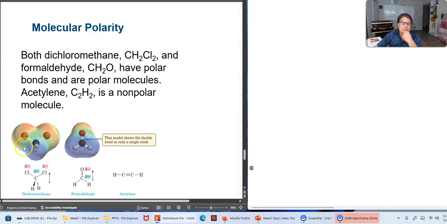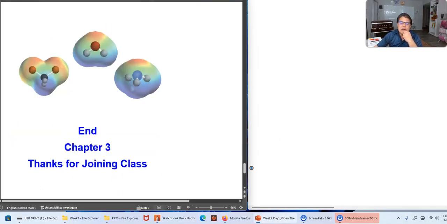Now let's go further. In this chapter we studied the VSEPR theory and the polarity of molecules. The bonds may be polar, but the overall molecule can be non-polar if it has a linear structure.